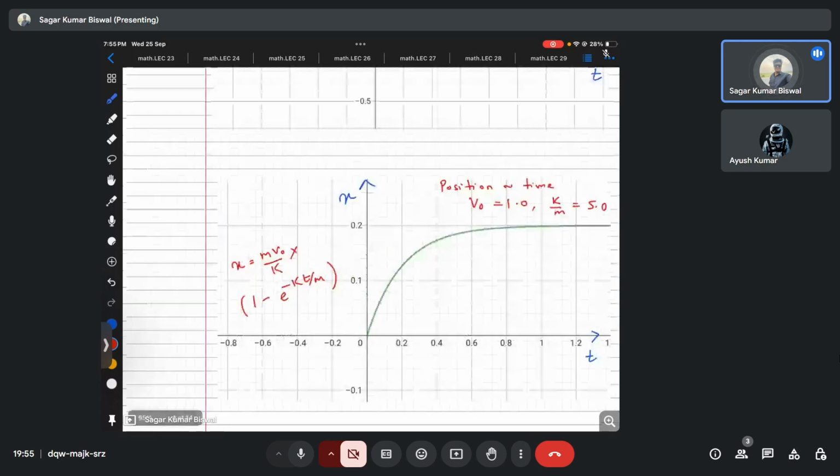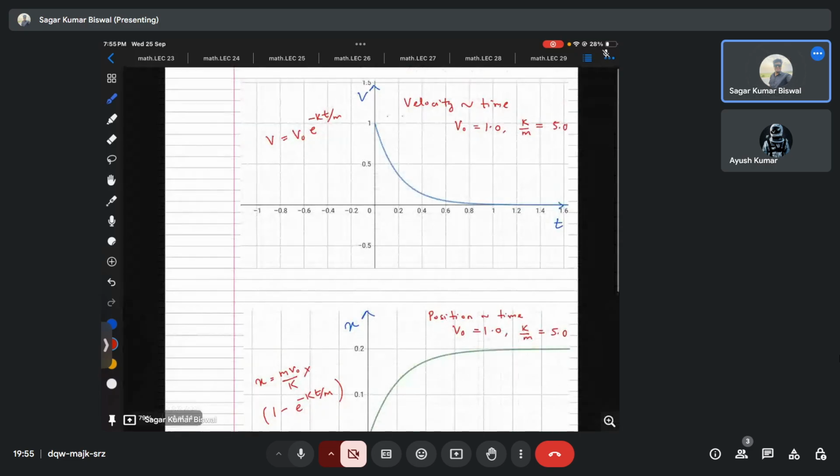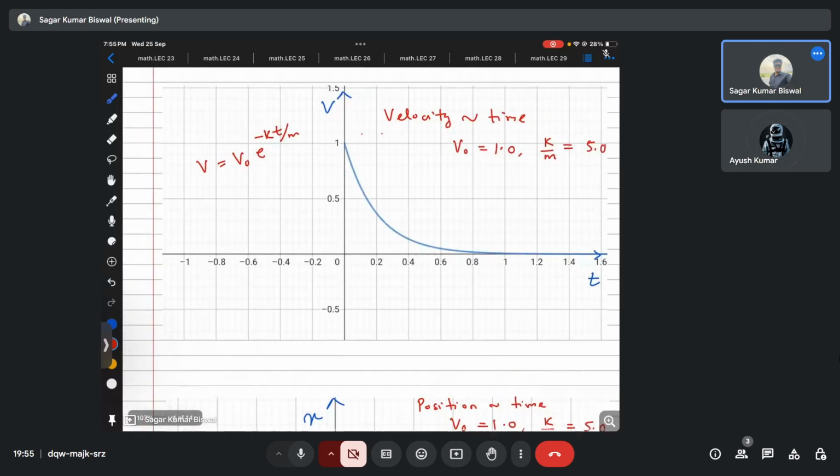So this is the plot for velocity. Here you can see that velocity, due to the frictional force or the drag force or the resistive force, is decreasing with time, right? Suppose this v0 is 1, the initial velocity was 1, and I take this k by m as 5.